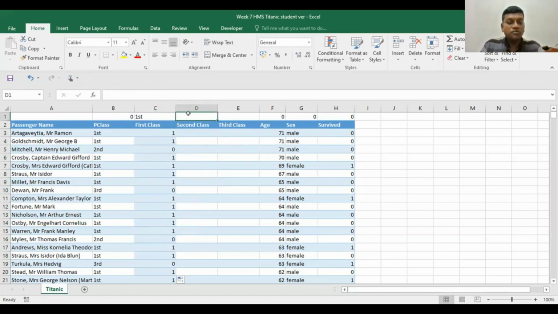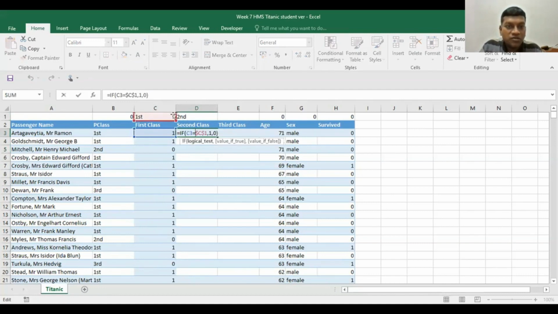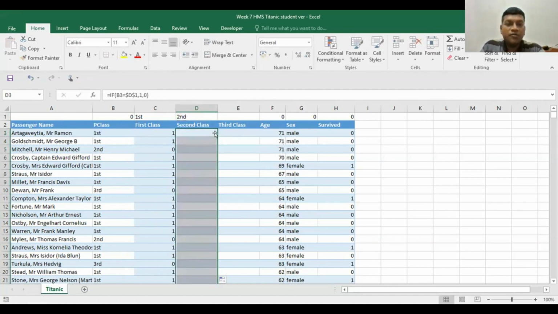Similarly, if I want to know if he's traveled by second class, all I need to do is copy this formula, Control C, Control V, and rectify the references. Essentially, it is checking if B3 is equal to D1, and if it is correct, it gives 1, else it gives 0. And I drag the formula down.